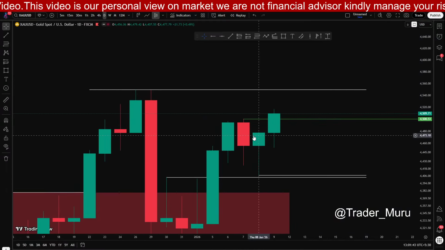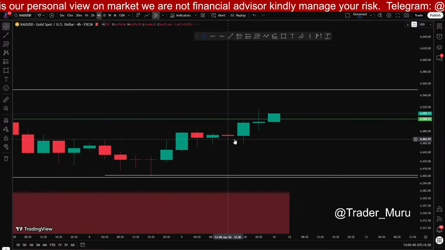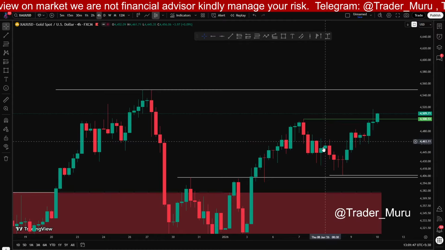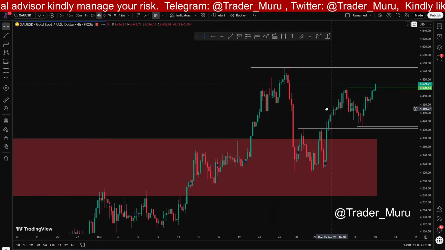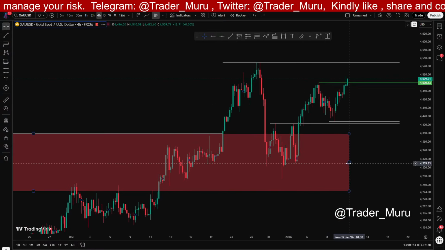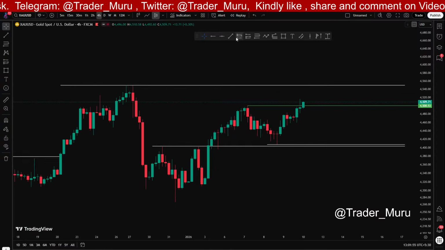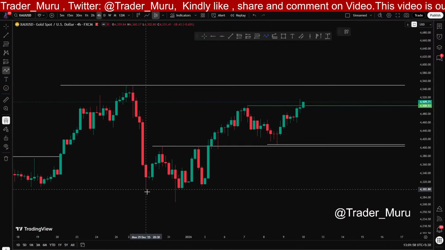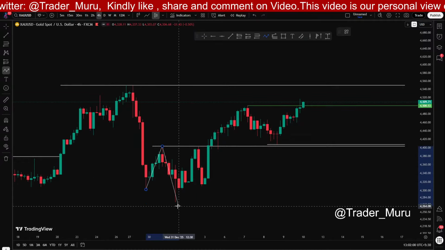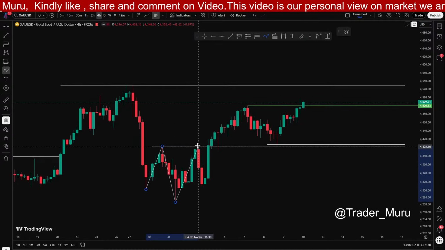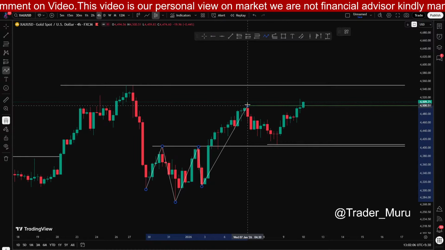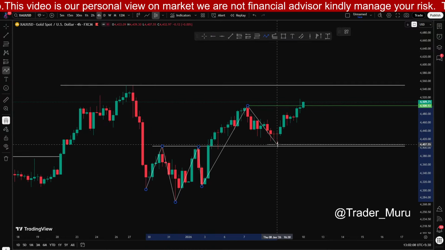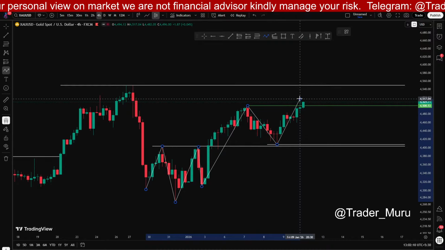Now let's see the 4-hour time frame. As we are watching the market, we can clearly see that price is making this high, then this is a failure of swing, then this market structure shift, a retracement and a new break of structure.